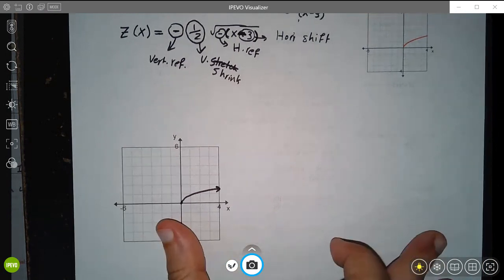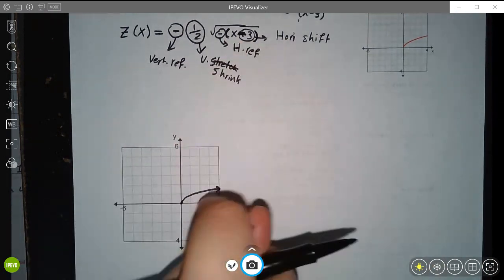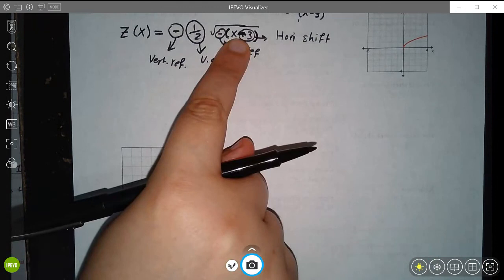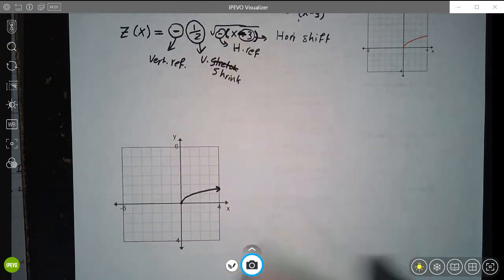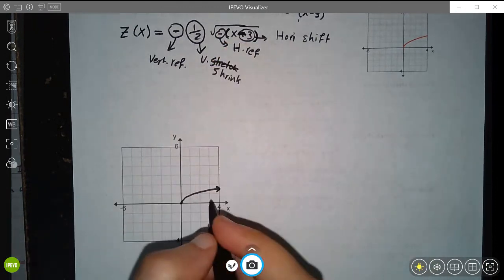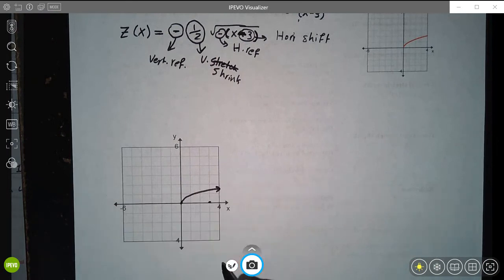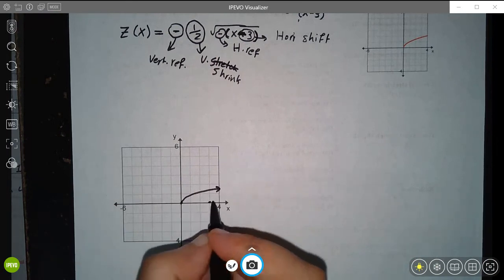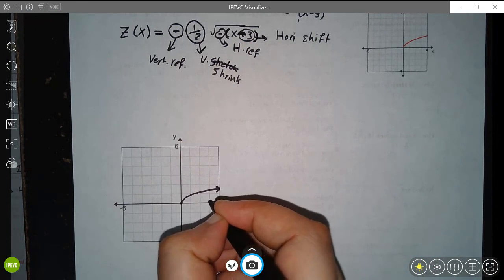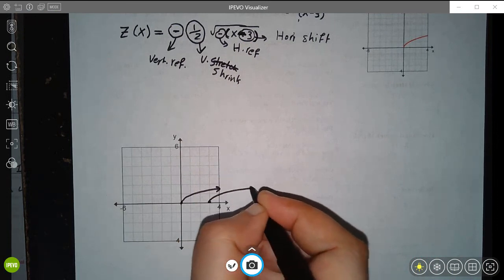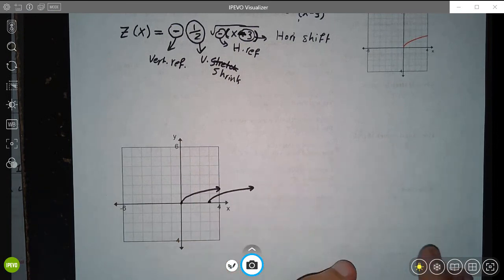Now, I'm going to shift that by -3, which means I'm moving to the right by 3 points. That means we start right here at the point of 3 for x instead of 0. And it's supposed to behave the exact same way because nothing else happened to it yet. So this is my new one.